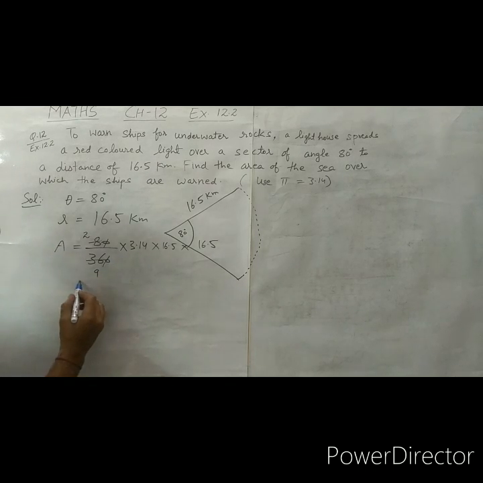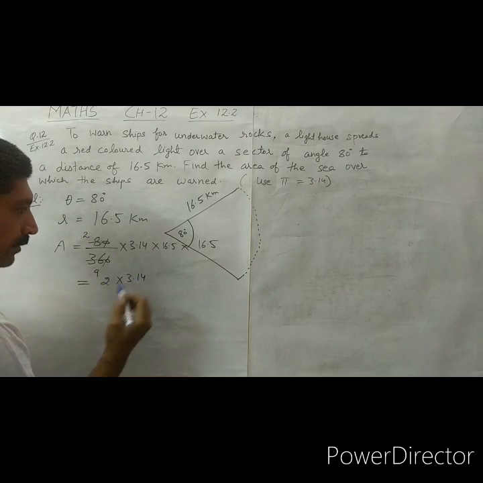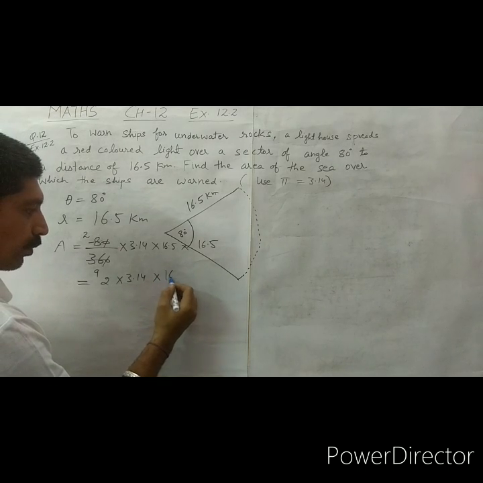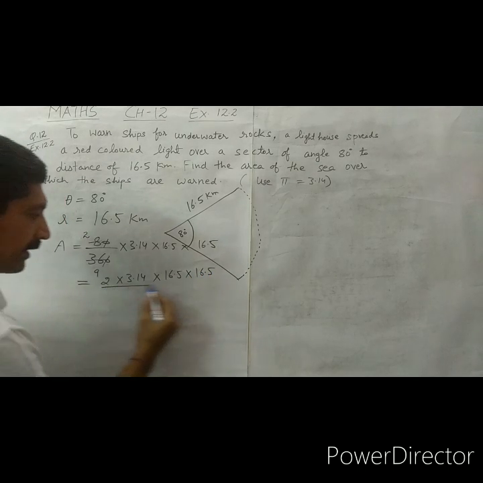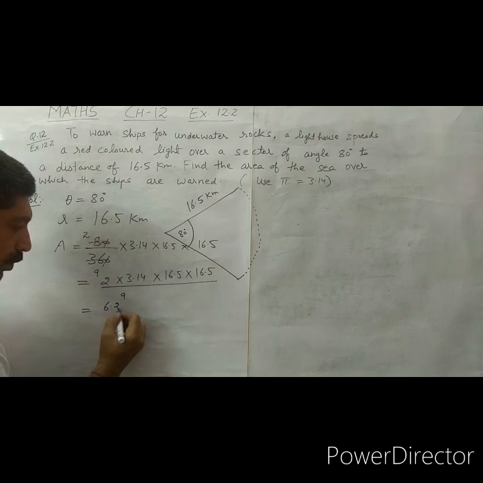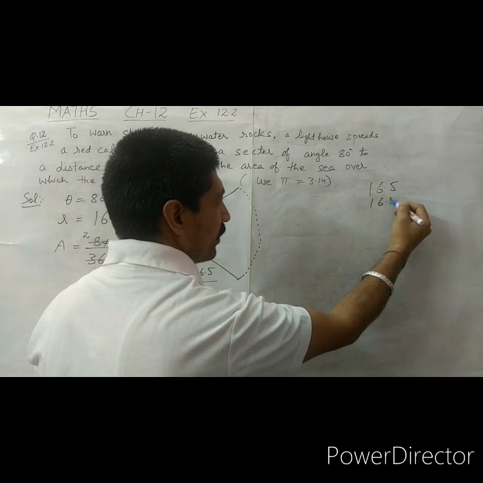So again we can multiply, this is 2 into 3.14, divided by 9. So let's make the calculation with 9 also. Here we can go ahead with 6.28 upon 9 into, let's multiply 16.5 into 16.5.